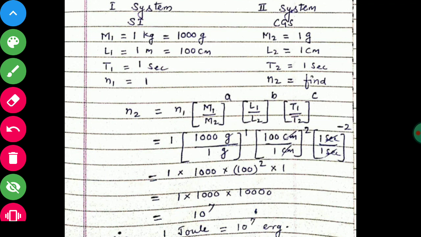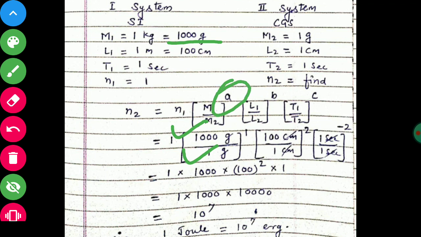Now using the formula, N2 is equal to N1 times (M1 by M2) raised to power A, (L1 by L2) raised to power B, and (T1 by T2) raised to power C. Putting the value of N1, which is 1. Mass in the first system, 1 kilogram, is equal to 1000 grams, so we use 1000 gram, and M2 is 1 gram.